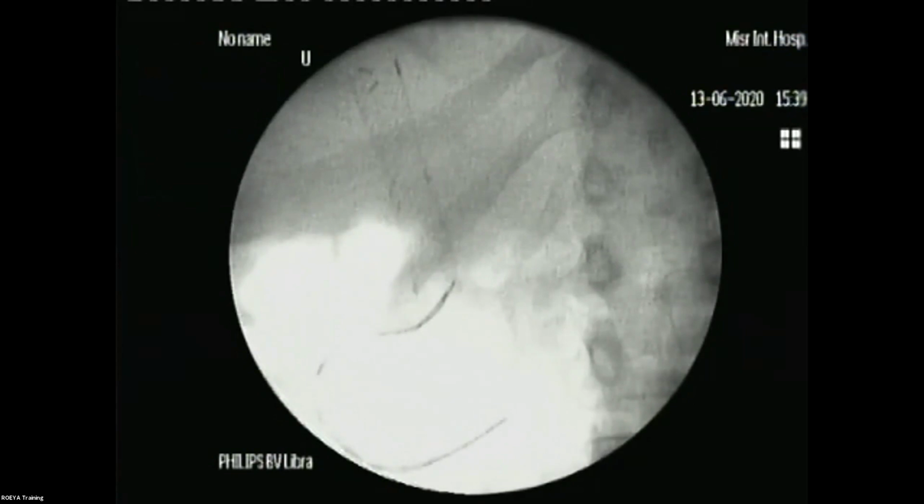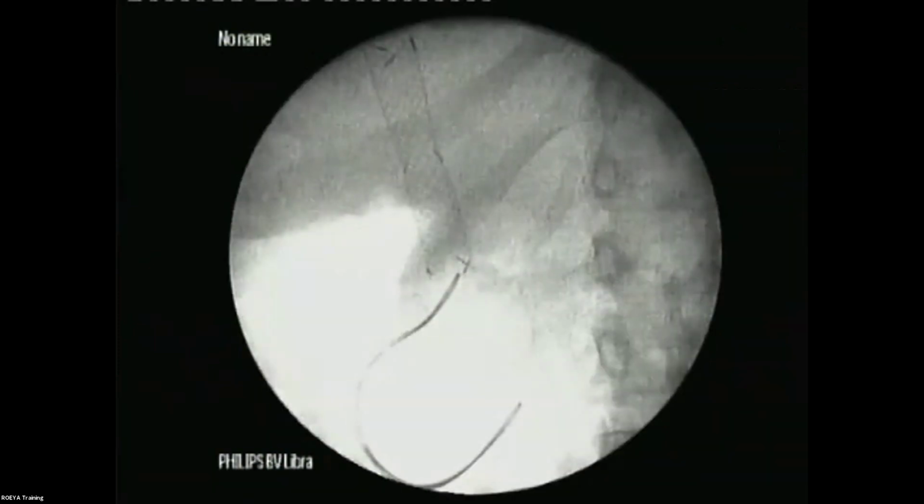He pulled the 7 French stent and the scope outside, and then he will go again to pull the metallic stent. By the way, Professor Khaled, if it's a 7 French stent, why are you afraid of pulling it back inside the scope? Just to make sure there is no trauma to the rubber tube inside the channel of the scope itself.